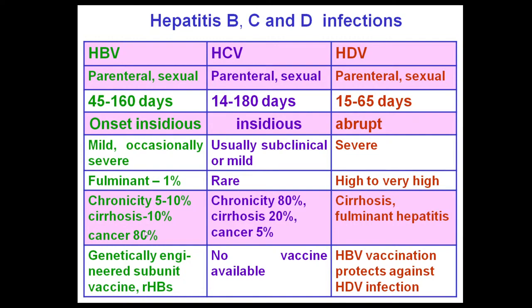Out of those, 20% develop cirrhosis, out of which in 5% cancer will develop. But the way the cancer develops is different from that of hepatitis B virus, because hepatitis C is an RNA virus, so the RNA genome cannot enter the human DNA chromosome.